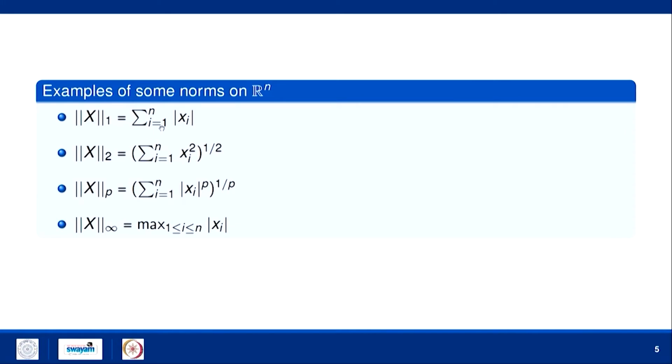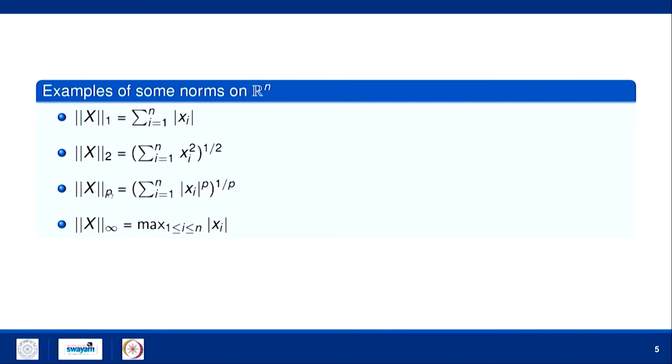This L1 norm together with the vector space Rn forms a norm space. Similarly, we have the L2 norm, which is also called the Euclidean norm. It is defined as the sum of x i square for i equals 1 to n, and then you take the square root of that.